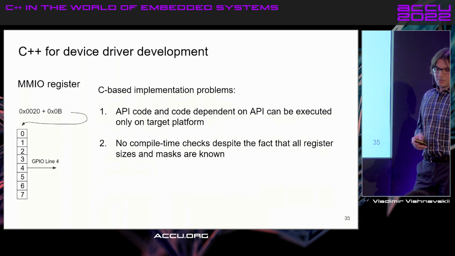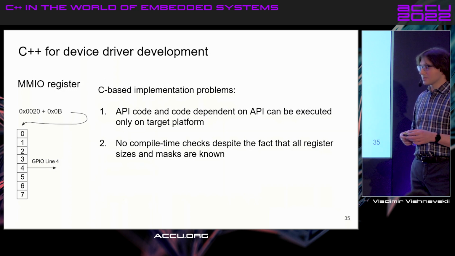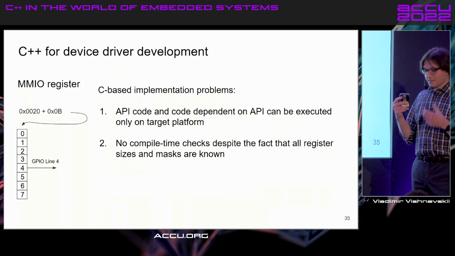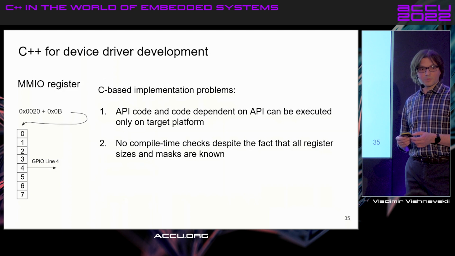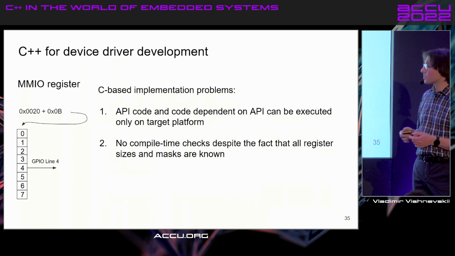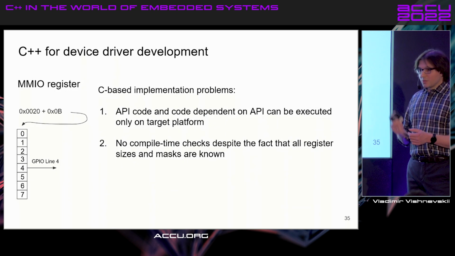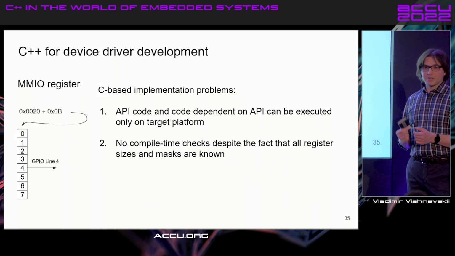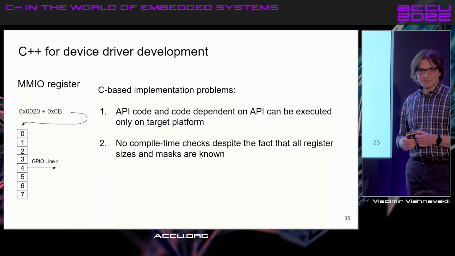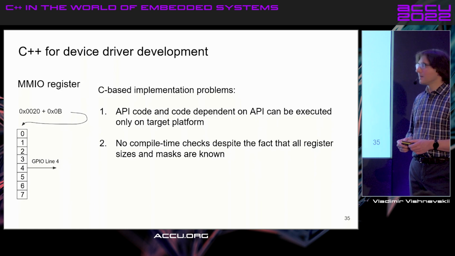So this implementation introduces some issues because, first of all, this API that we just discussed is dependent on the hardware platform for which it is designed. So it cannot be separately tested. We cannot make sure that the code itself works. The code that uses this code also cannot be tested independently because it is, again, dependent on the specific platform.